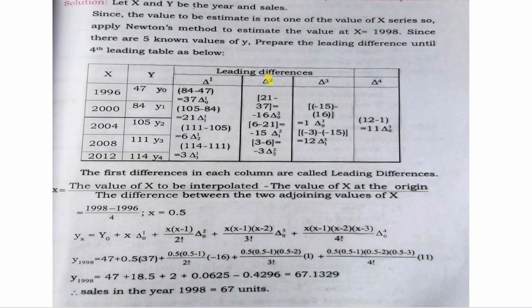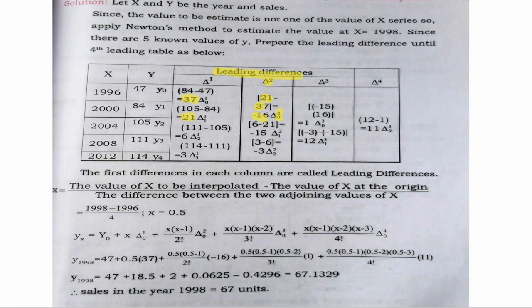Here, 21 minus 37 is minus 16. This is delta not to the power of 2, because we are preparing the delta 2 leading difference table.